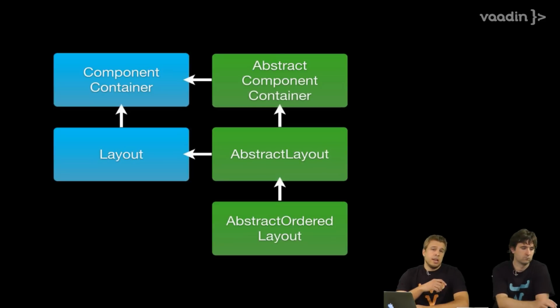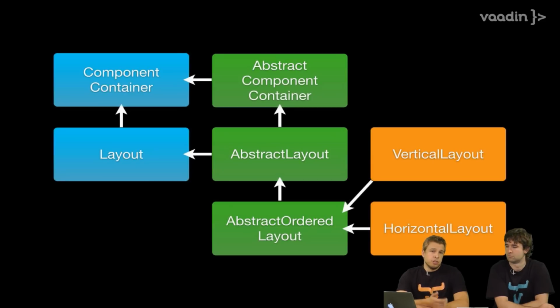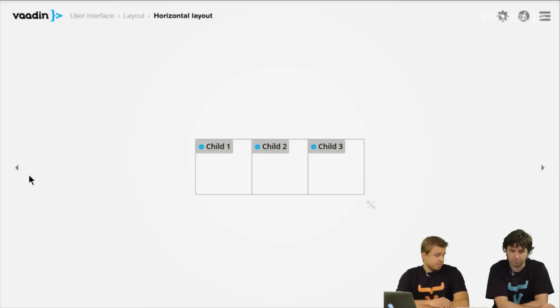The abstract ordered layout provides different kinds of mechanisms that are originally inherited all the way from the sub-interfaces of the layout interface and give you the ability to control positioning components in a vertical or horizontal manner. Yes, and these are, as you already said, probably the most commonly used layouts in Vaadin, and they work very well in their job of aligning the components.